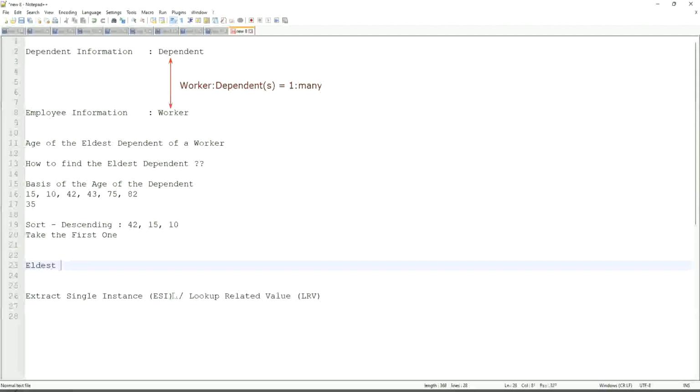We do not only leave with ESI. Once we extract the ESI, we use it to get some value. That's the LRV. Like here, we are going to get the age of the eldest dependent. The eldest dependent will be returned by the ESI, and the age of that eldest dependent will be an LRV.